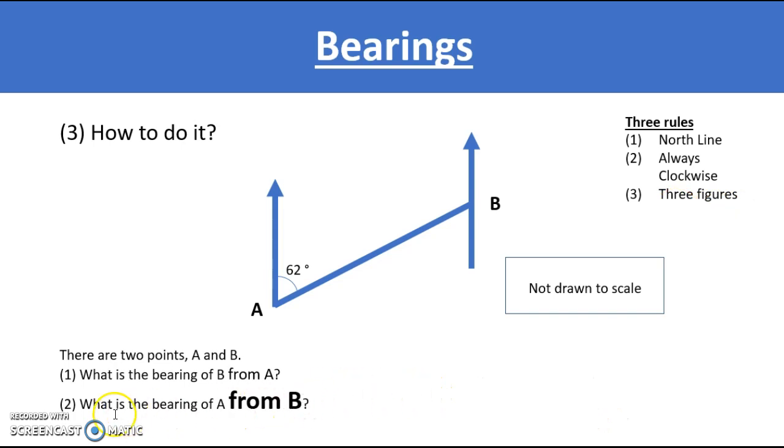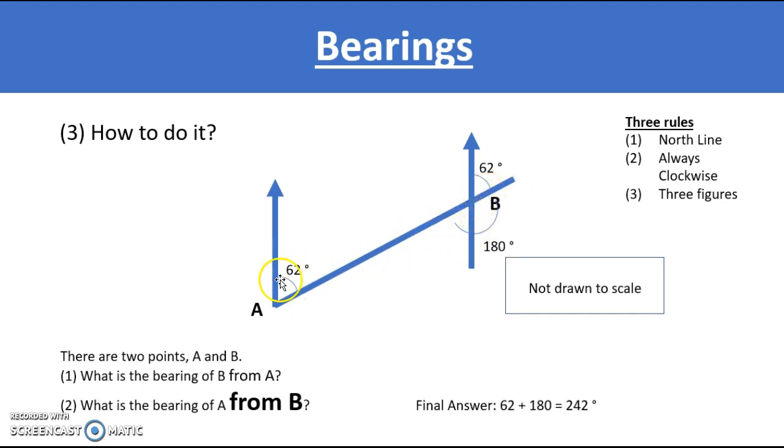The next part, it says, what is the bearing of A from B? So in this case, A from B. Now it's tempting to go, well, let's go this way, to go here and just say the angle. However, it says north line and always clockwise. So you gotta go north and clockwise this way. Now, in terms of parallel angle laws, this is where it actually comes and applies.